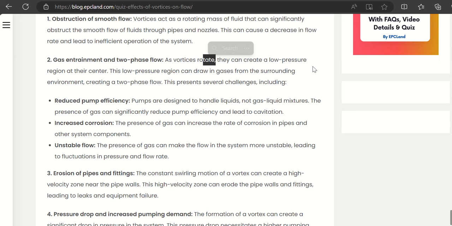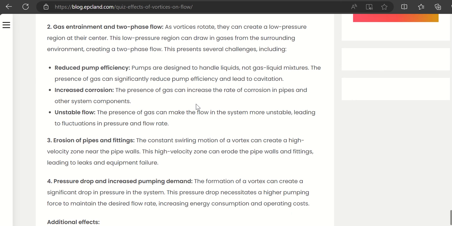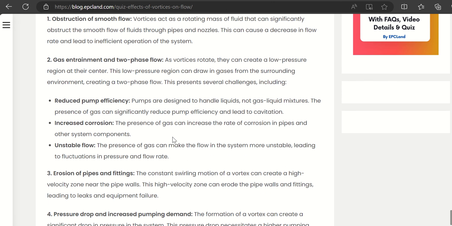So ultimately, it can cause two-phase flow also, which we don't want. Once there is a two-phase flow, for example, if it's a pump system, it can decrease the efficiency. It can increase corrosion rate and cause unstable flow, which we already discussed with the last point also. So these are a few of the things which we don't want in the system.